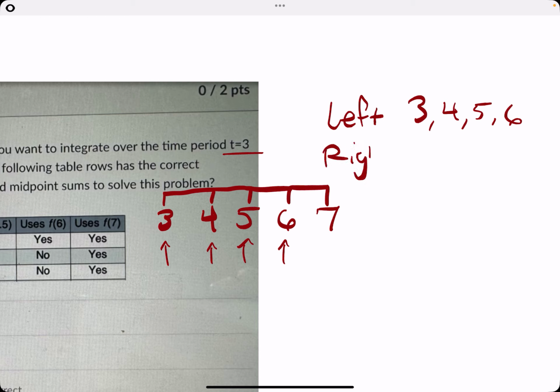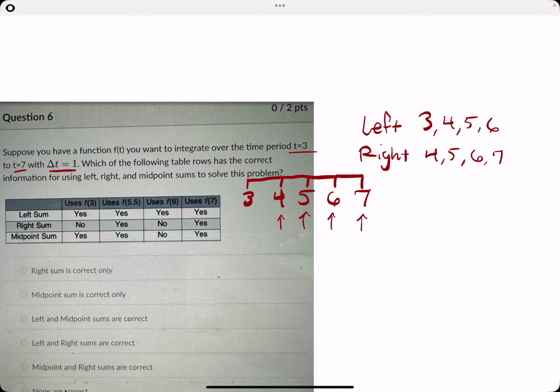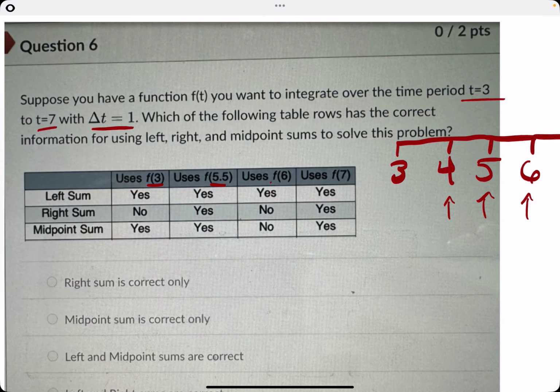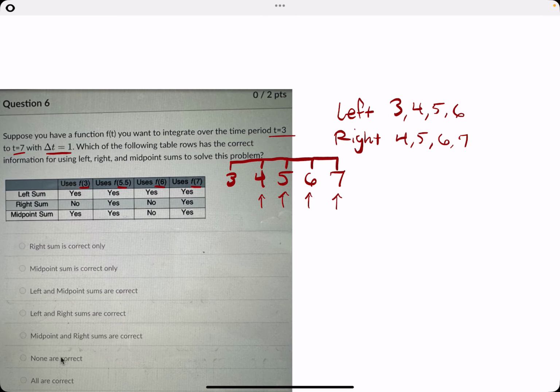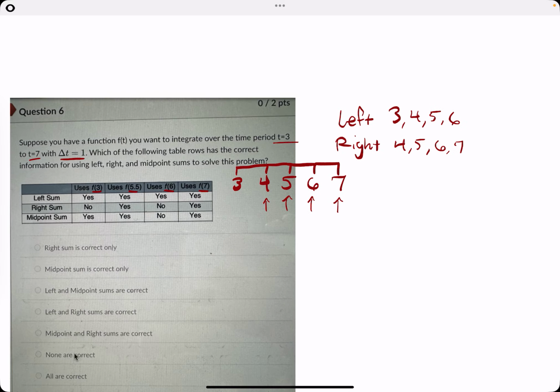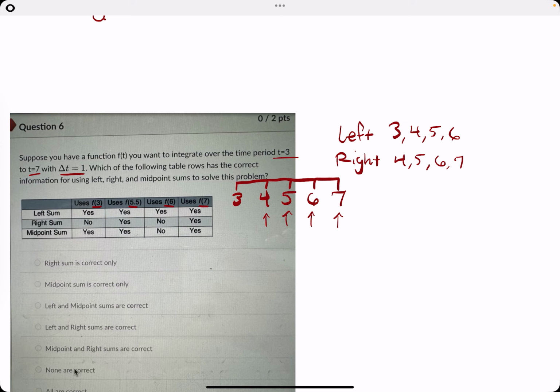For a right sum, we'd leave off the leftmost value and we'd use 4, 5, 6, and 7. And again, those are the x values that lead to the f values that we would use. The f values give us the height of the rectangles, right? So I'm just shorthanding it by saying we're using those x values because we're getting the f values from those x values.